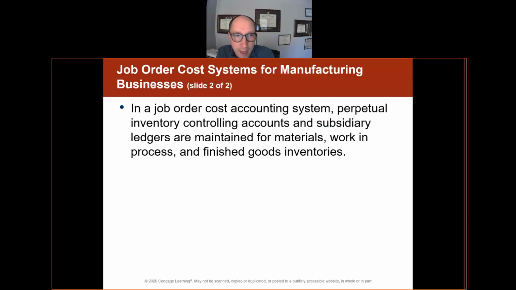We'll talk about that. In job order costing systems, we utilize the perpetual inventory system. You probably remember the term perpetual inventory system from Accounting 201. Perpetual inventory system means we count the individual units of inventory as we sell them.